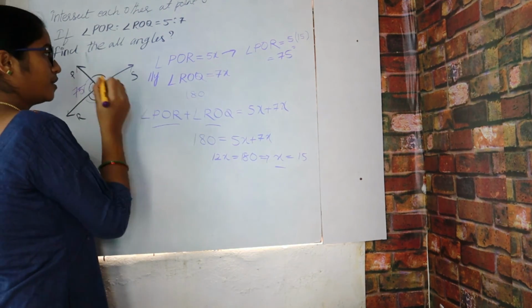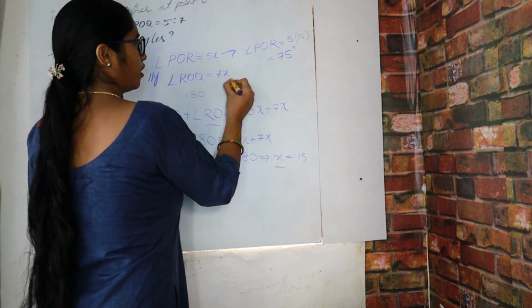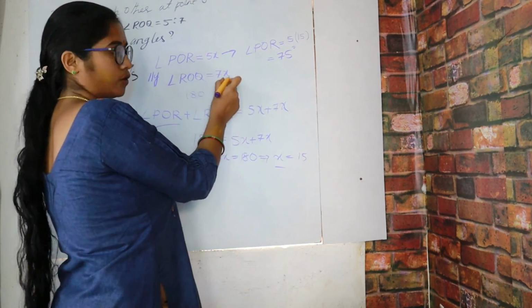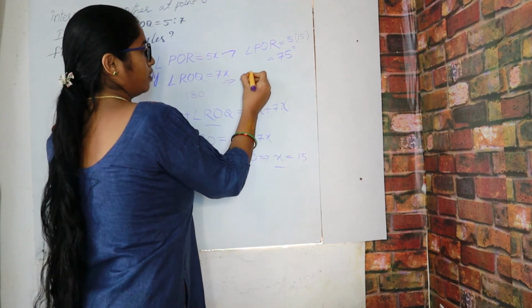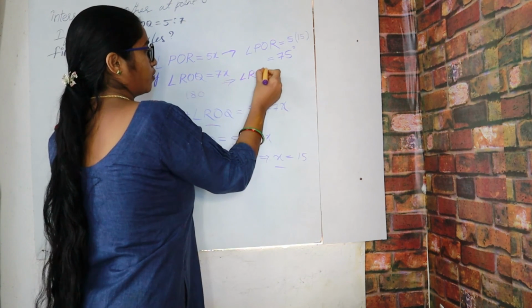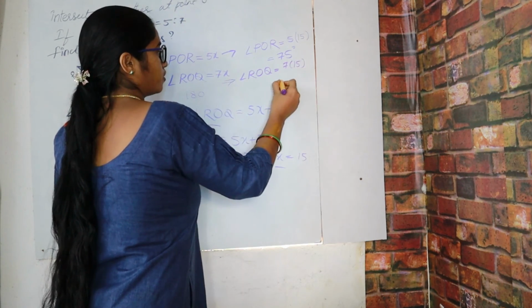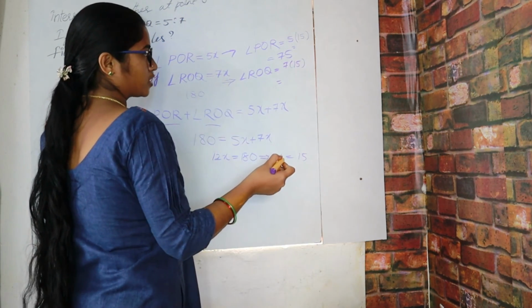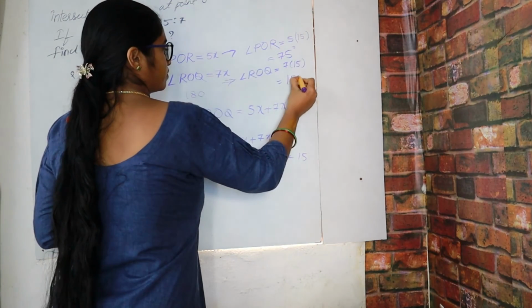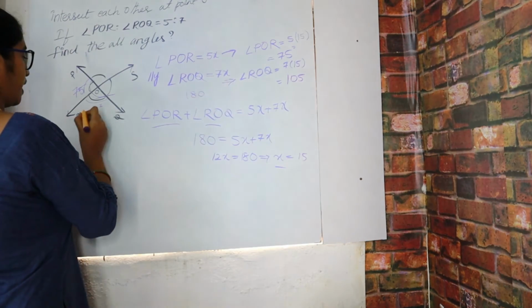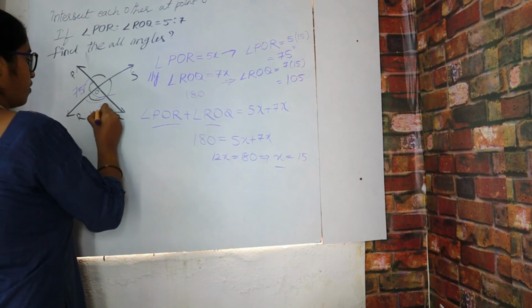And similarly angle ROQ equals 7 into 15. So 15 sevens are how much? 105. So angle ROQ equals 105 degrees.